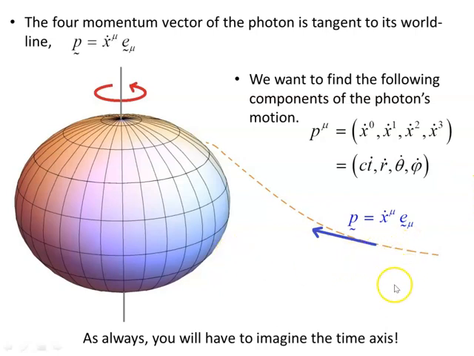Again, just imagine the time axis. Our momentum vector is tangent to the world line of the particle, tangent to the geodesic that the photon follows. It lives in a tangent space at each point. So at this point here, where the cursor is pointing, that's a tangent space to that point, and the momentum four-vector lives in that Minkowski space at that point. And there will be a different Minkowski space at a different point.